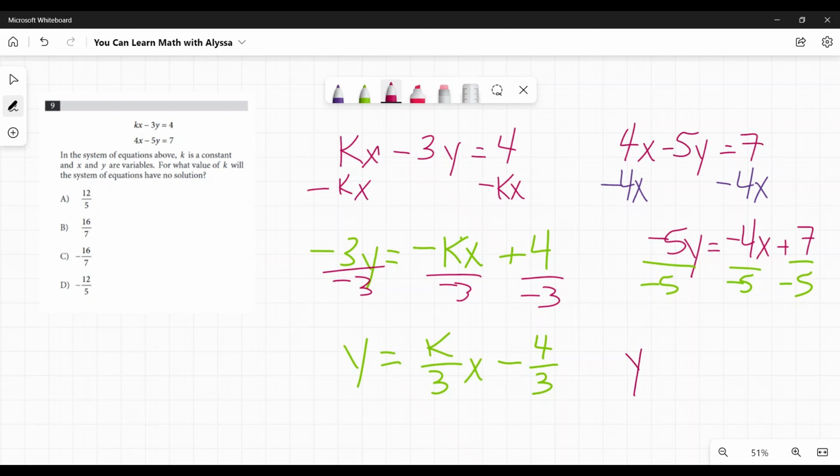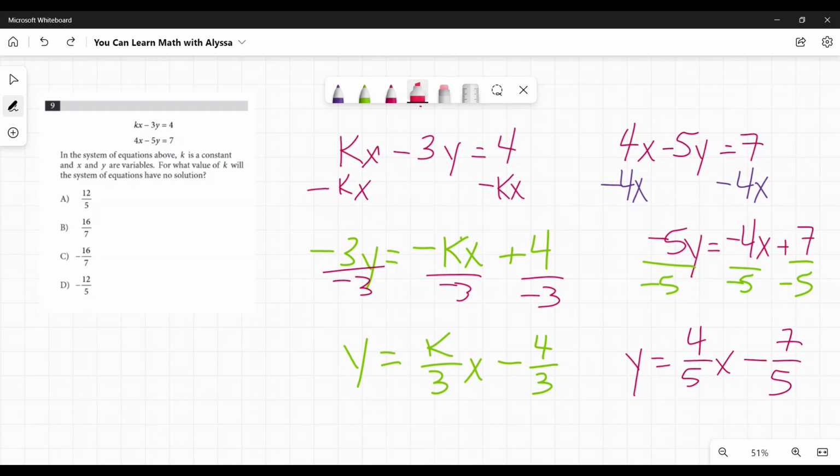And I am left with y equals, negatives cancel out, 4/5 x minus 7/5. Now at this point, those negative 4/3 and negative 7/5, they don't matter anymore. I have put these both into slope-intercept form, so I have my slopes. That's all I need. K over 3 and 4 over 5.